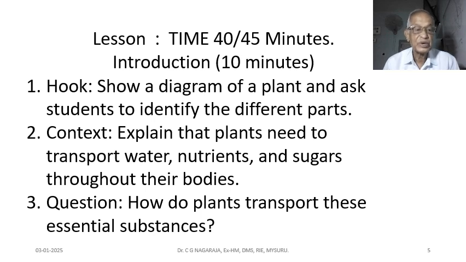This you must be able to tell children by discussion. Question, how do plants transport these essential substances? So this is a hook or the introduction. As a teacher, you know how to use the words.